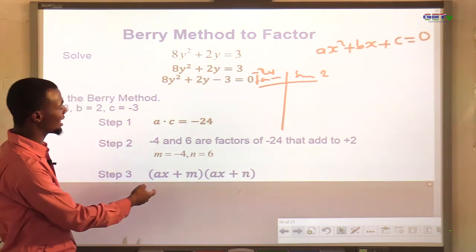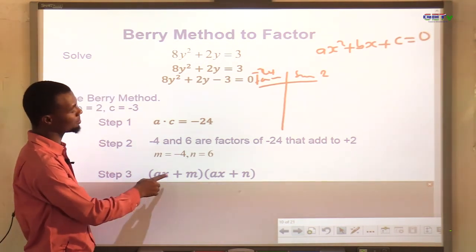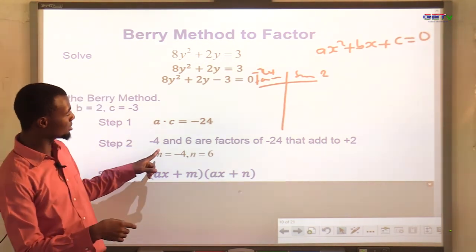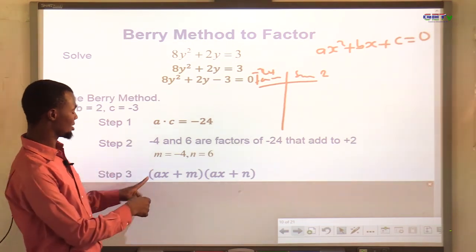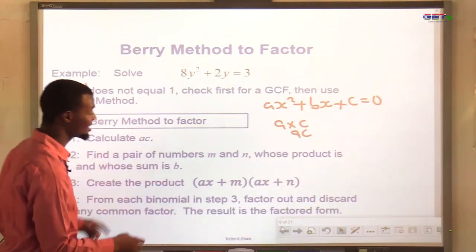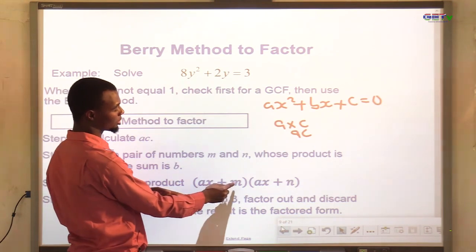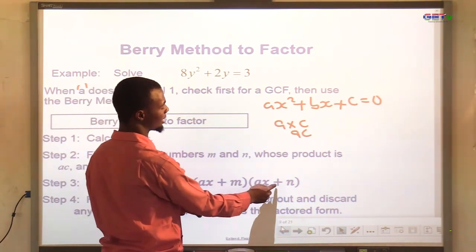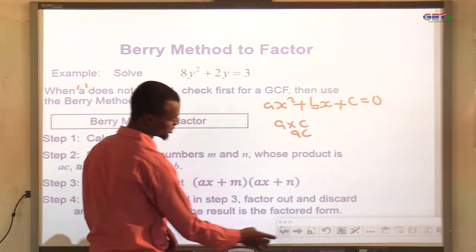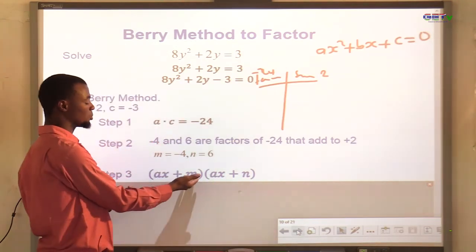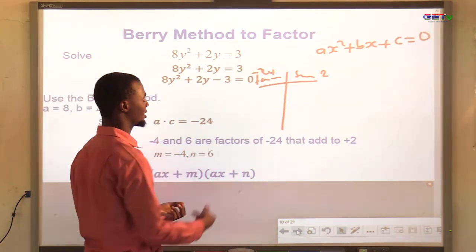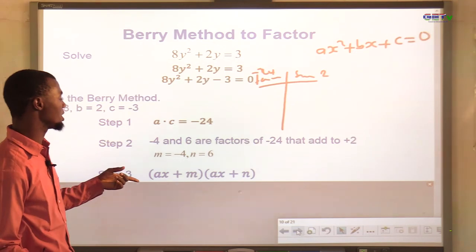So the next step is step 3. Look at the way it is happening. It's the same thing that is returning: AX plus M and AX plus N. What is the value of A?